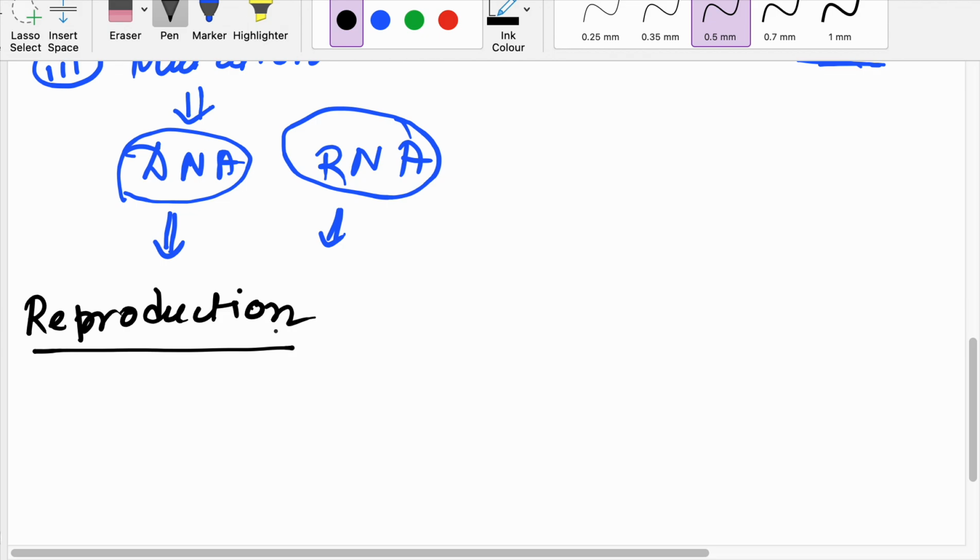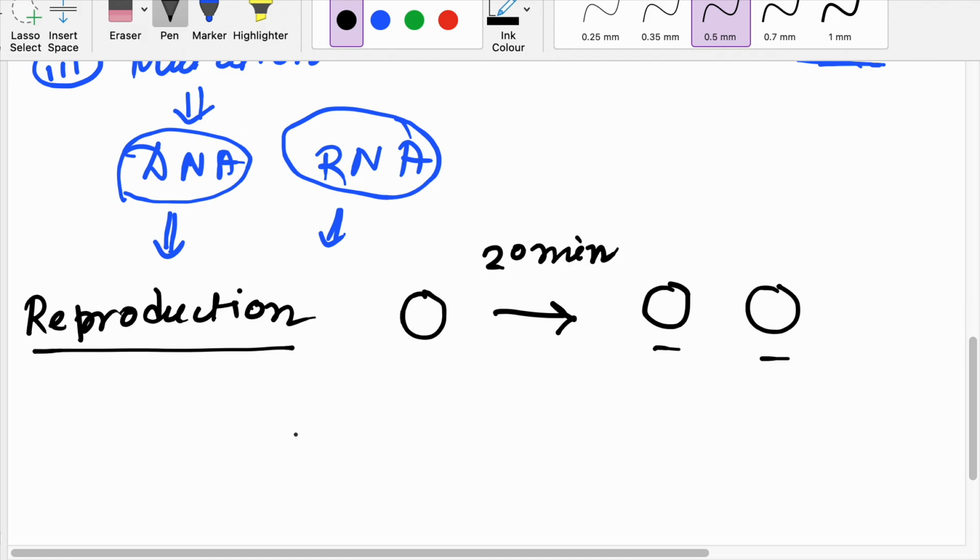If I provide that single bacteria a perfect heaven-like structure, then we know experimentally that if I give a bacteria enough resource, it will replicate itself: one bacteria divides into two parts, making two daughter cells in 20 minutes on average.